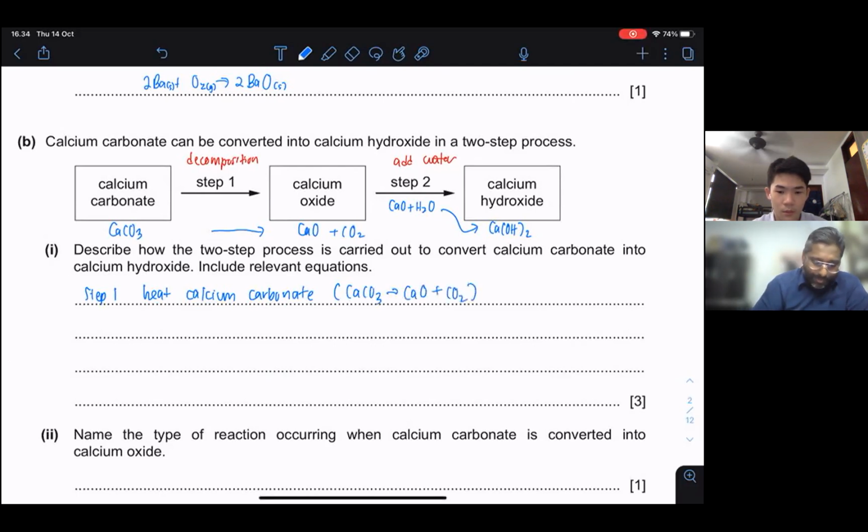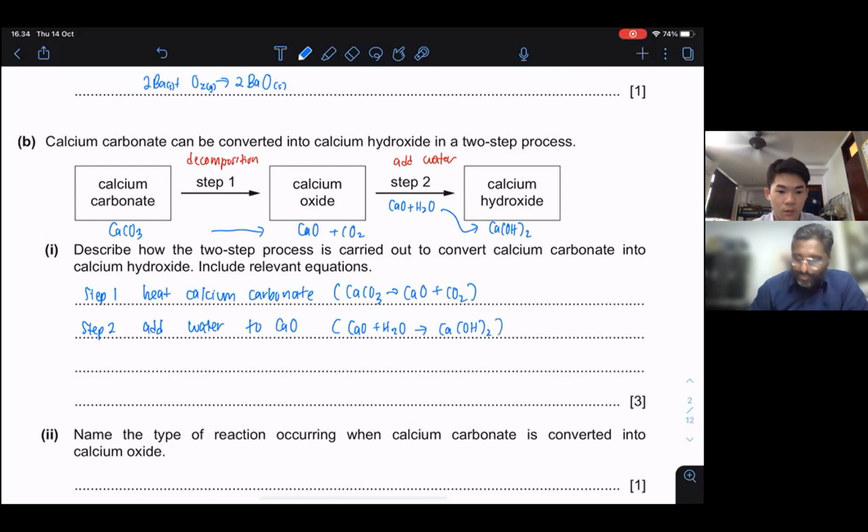Then step number 2: you add water to calcium oxide. So the equation is calcium oxide plus water gives you calcium hydroxide. Then check whether it's balanced or not. It's already balanced, so you can just put it like this.